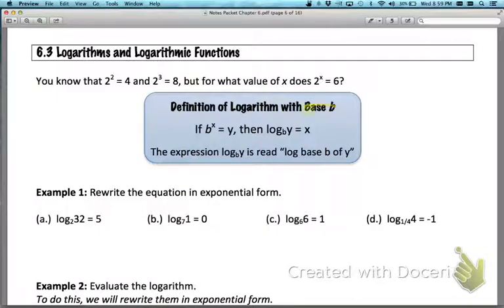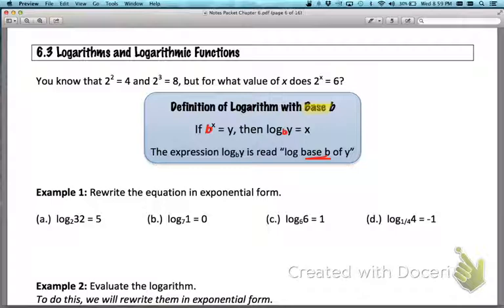The base of an exponential is the same as the base of a logarithm, and we call them the base in both instances. Here, b to the x, b is the base, and we read this expression as log base b of y equals x. We wouldn't say log b of y, you would say log base b. So make sure you know that that's how we read this.